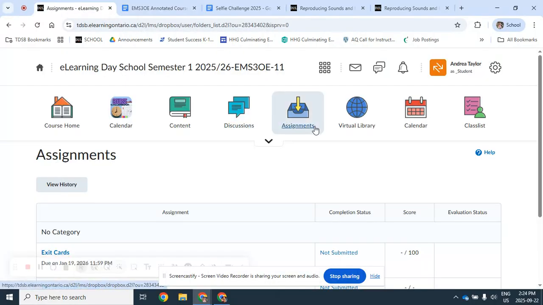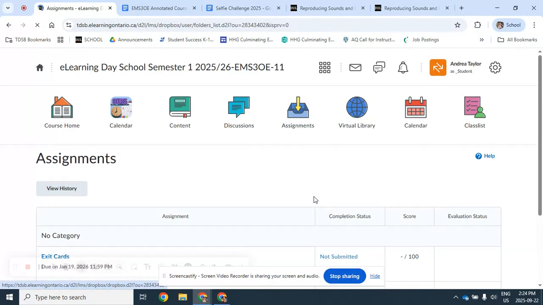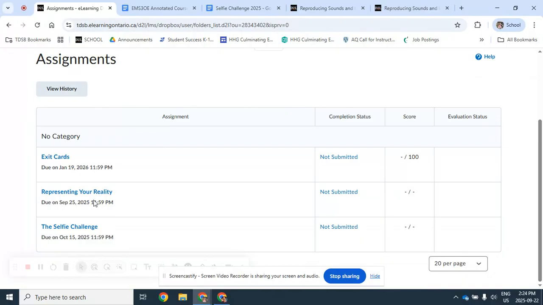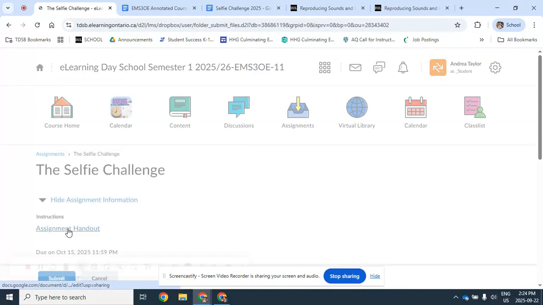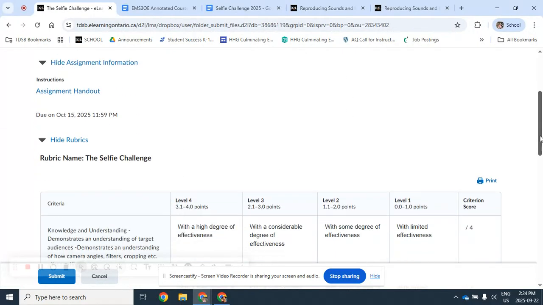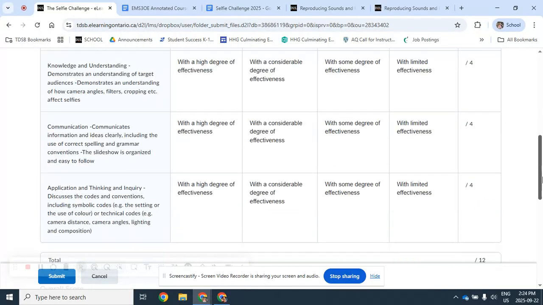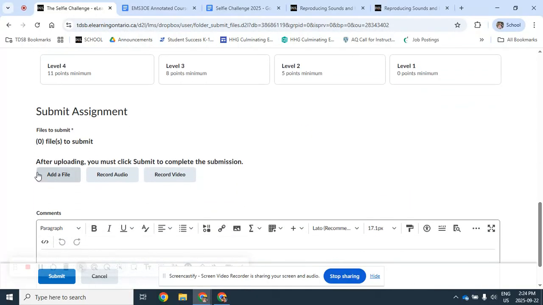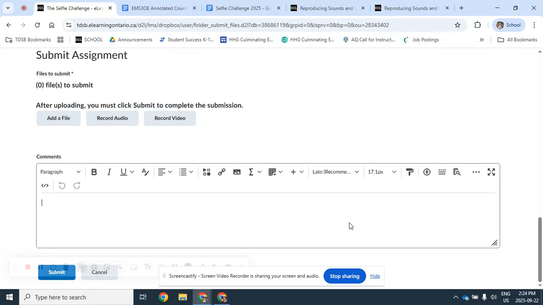So when you are uploading, I'm just going to go back to assignments here. Actually, I was already in there. That's okay. You are going to click on the Selfie Challenge. And when you scroll down, you are going to get to the part where you actually submit, add a file. You're going to add your PDF of just the text part, and then right here you're going to copy and paste the Google Doc link or the slides link, and you are not going to forget, of course, to add my email as editor so that I can see the whole history of your document.